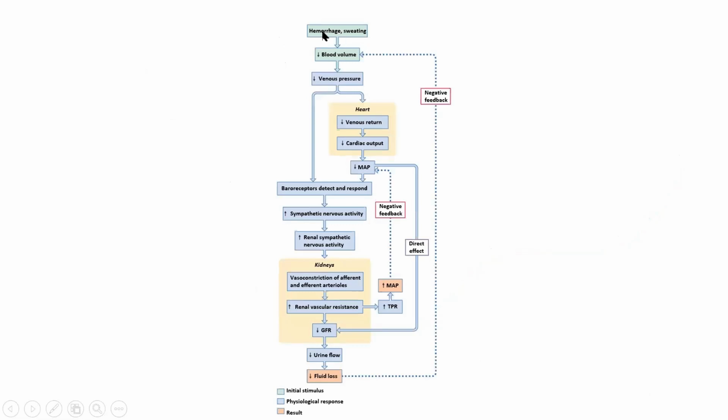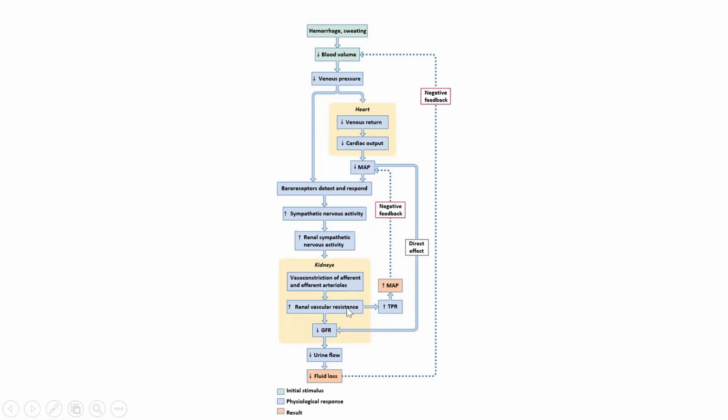So if I've got hemorrhaging going on, I'm losing blood pressure, my mean arterial pressure drops, blood volume drops, venous pressure drops. What we know based upon our previous discussion is that the baroreceptors are going to kick in. If there's a drop in blood pressure, the baroreceptors are going to do all that they can to send signals via the sympathetic nervous system in order to raise that mean arterial pressure via many of the mechanisms that we talked about before, such as raising TPR, et cetera.